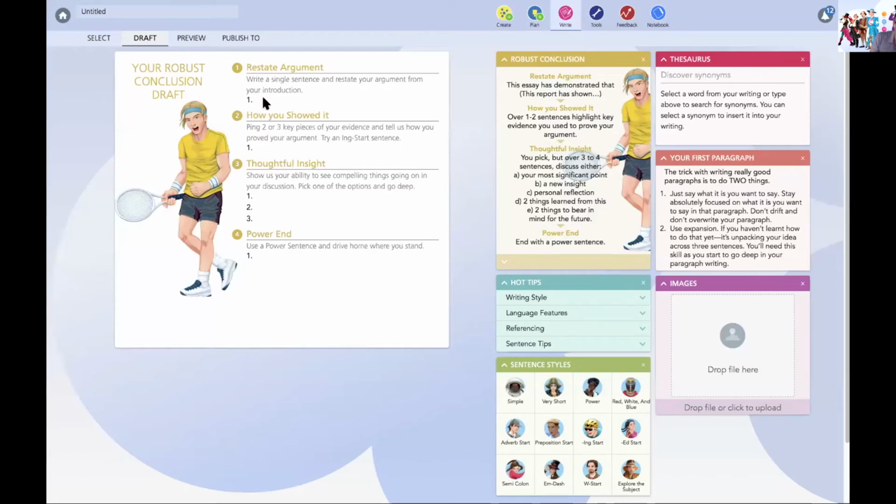Write a single sentence and restate your argument from your introduction. So here we go.